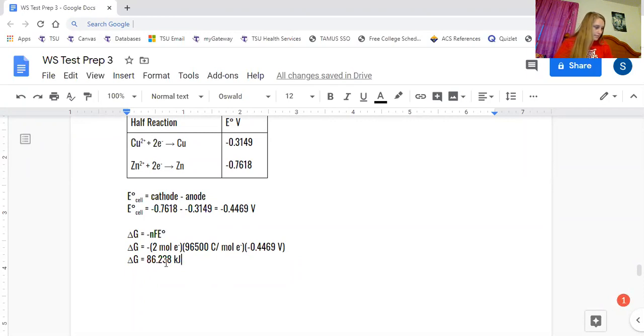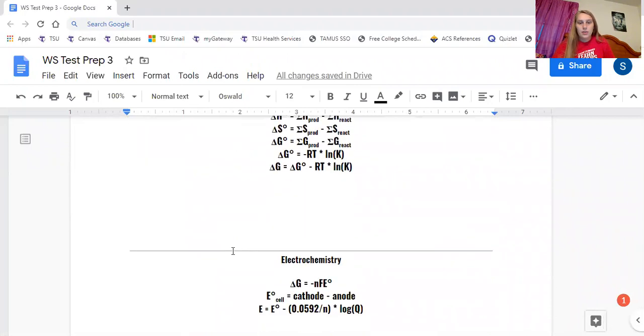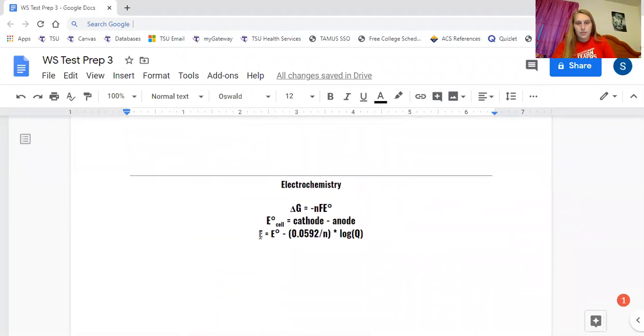And so we have that. Now we need to find our E value. So our equation for E that we had down here is this right there.